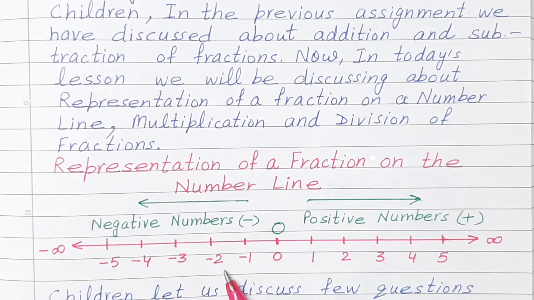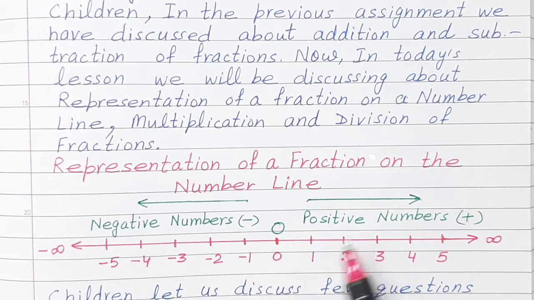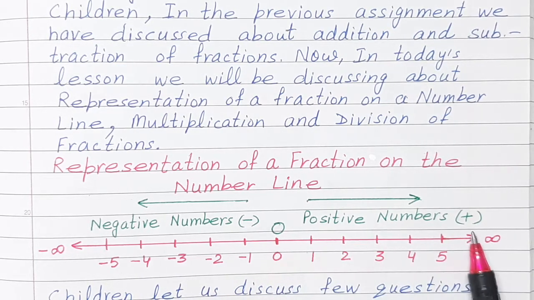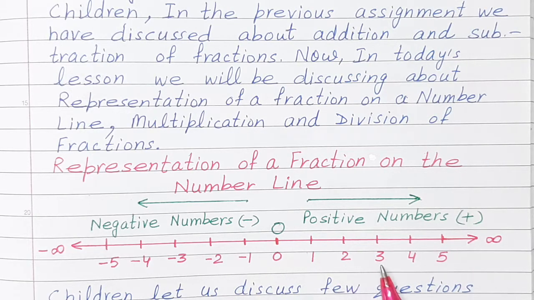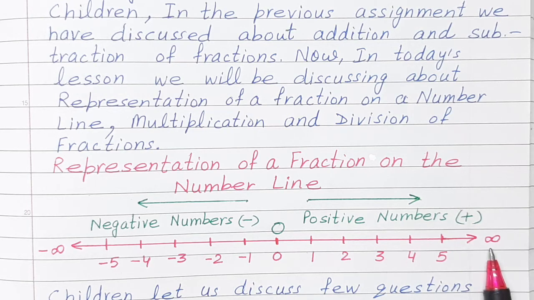Now children, you can see that we have a number line and the numbers from the midpoint towards the right side are 1, 2, 3, 4, 5. Children, these numbers are called positive numbers and it goes till infinity, right?